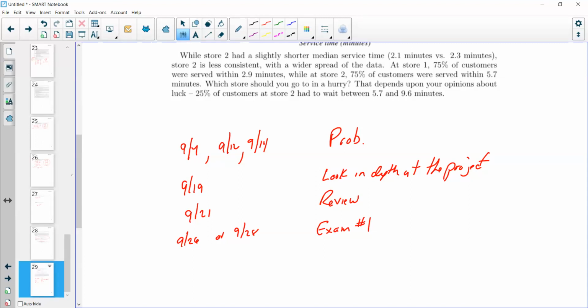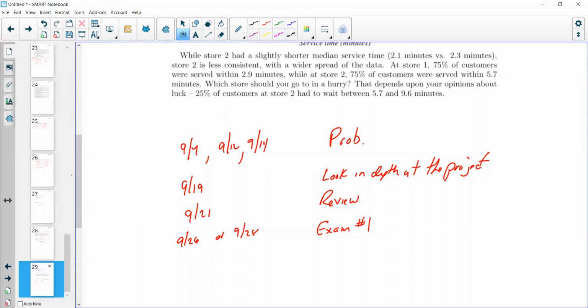But if you do that, you better not be sick on the 28th. Logic would dictate that I see the majority of you on the 26th, but I know better from past experience. So what I'm saying is you could come either day. You don't have to come both. Does that change the schedule for like homework turn-in? Homework turn-in will be the same. Because the original test date was the 28th.